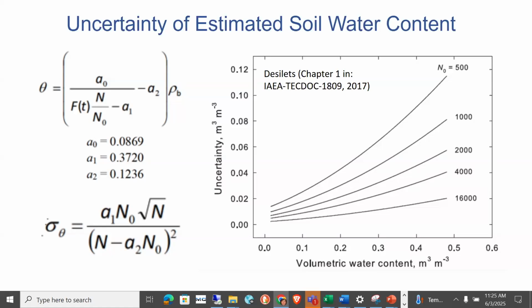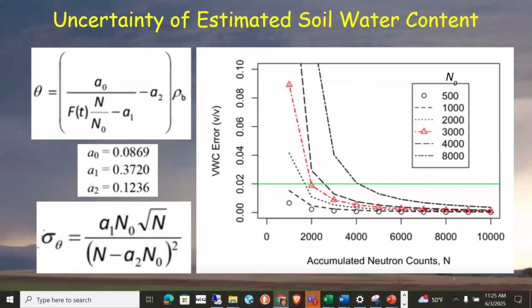So what you see is that as the volumetric water content increases, our uncertainty also increases. Turning that around a little bit, I just made a plot here looking at our typical 3000 N0, and we can see that we get a volumetric water content. Again, this may be precision more than error, excuse me.